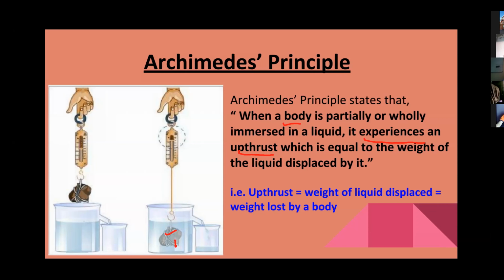If any object or body is immersed partially or fully, it always gets an upward force called upthrust from the liquid, and that upthrust is equal to the weight of liquid displaced by it.